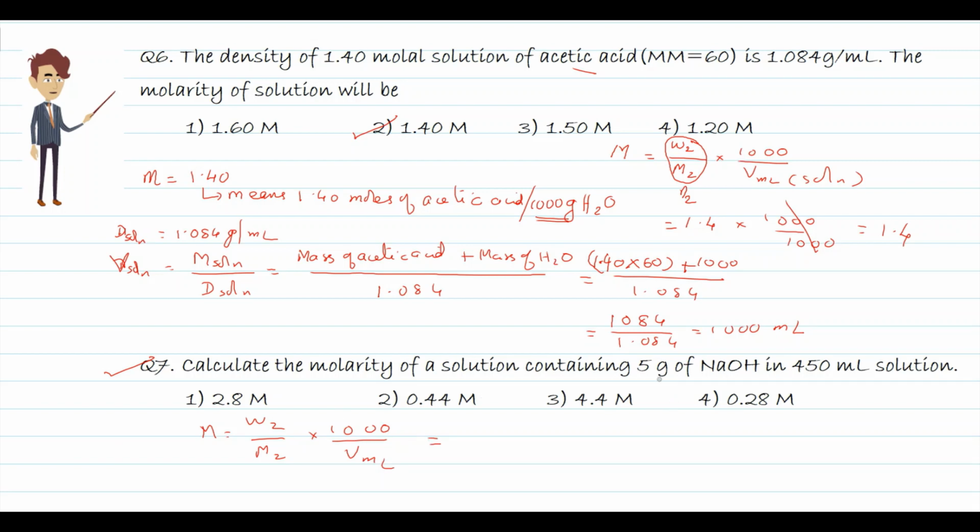W2 is 5 gram of NaOH. The molar mass of NaOH is 40, into 1000 divided by 450. Result is 0.28 molar. So option 4 is correct.